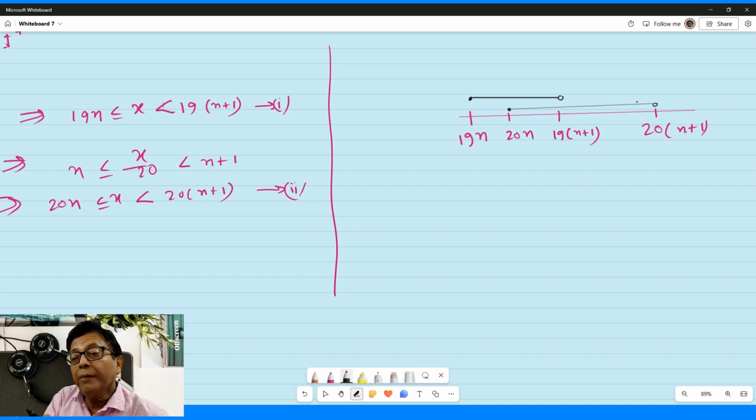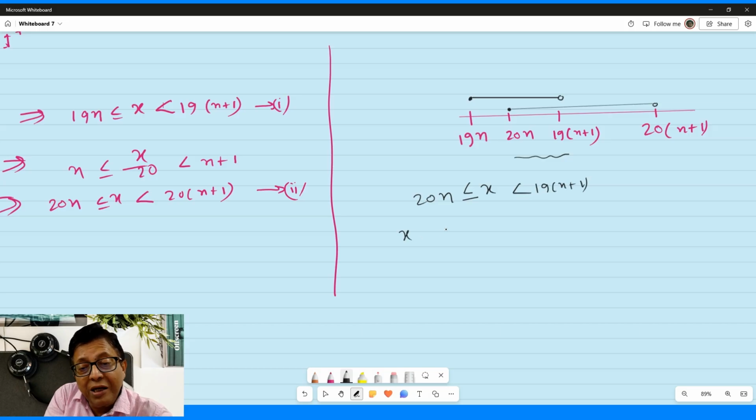Clear? You have to get the common solution for this, so that both the inequalities are satisfied, inequality 1 and inequality 2. So which part is common? You all can see that this part is common, 20n to 19n plus 1. So x is greater than or equal to 20n and less than 19n plus 1.